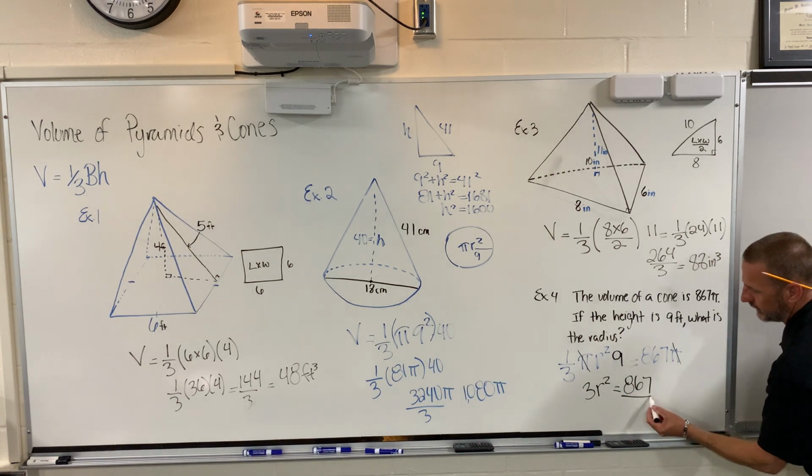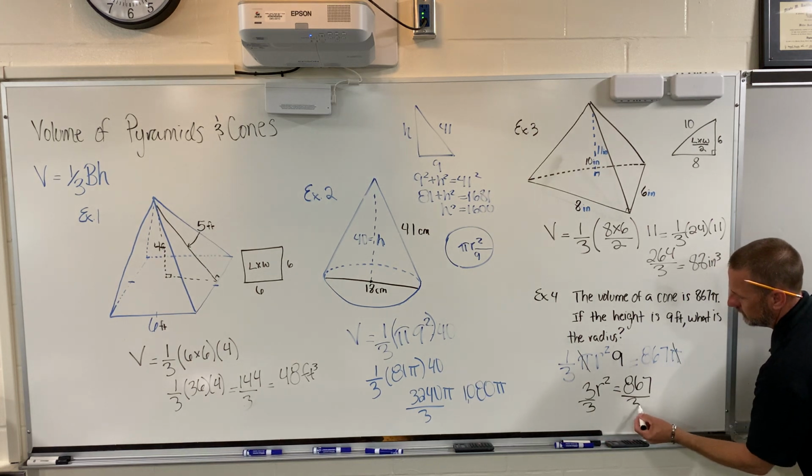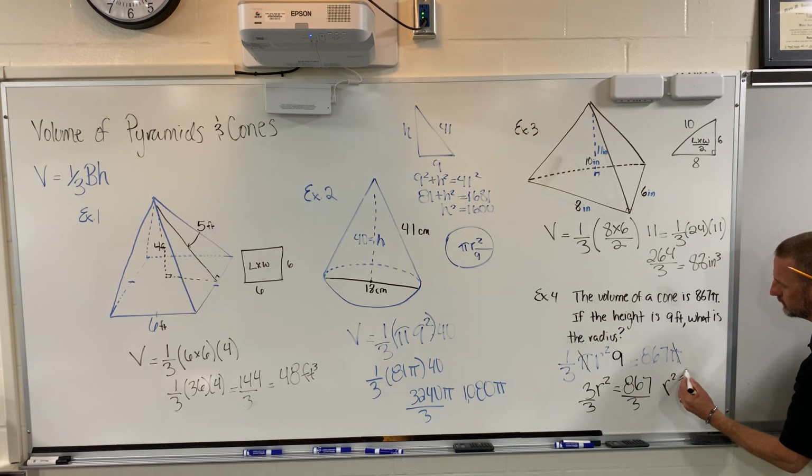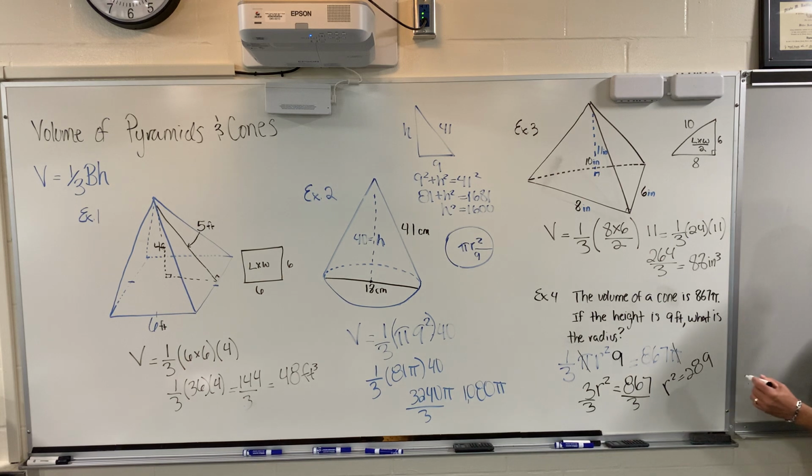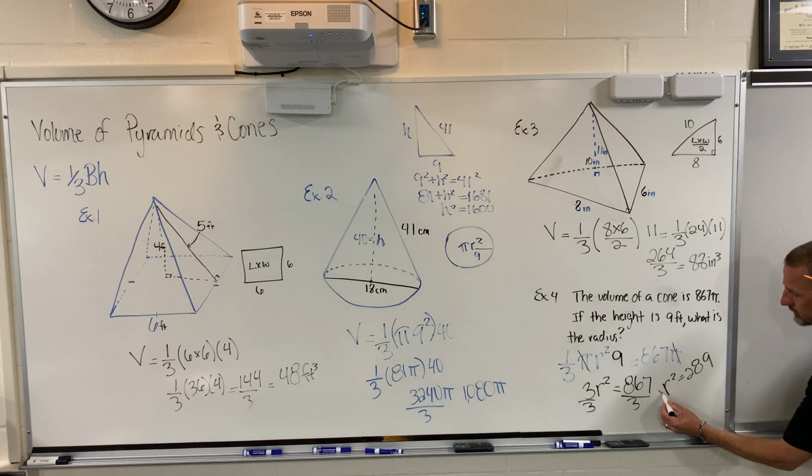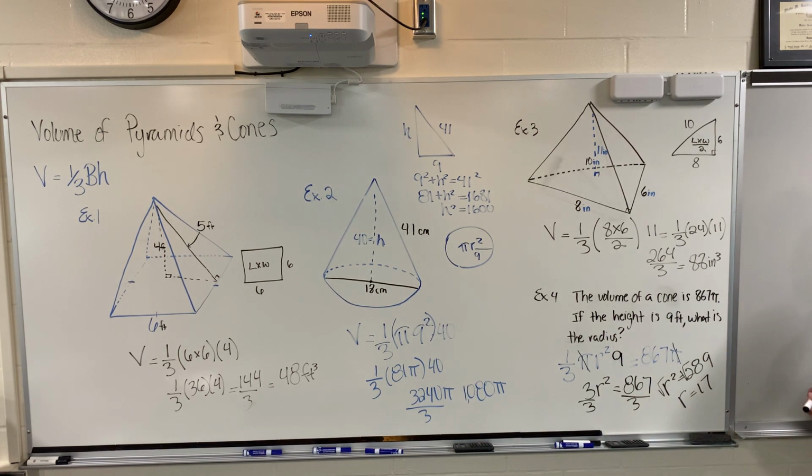If I divide by 3 again, I've got r squared is equal to 289. The radius is not 289, it's the square root of that. So take the square root, and r is equal to 17.